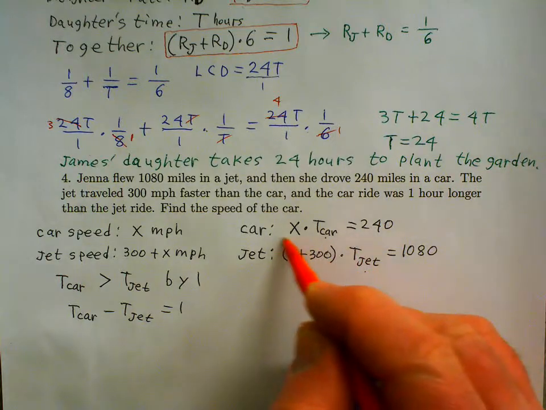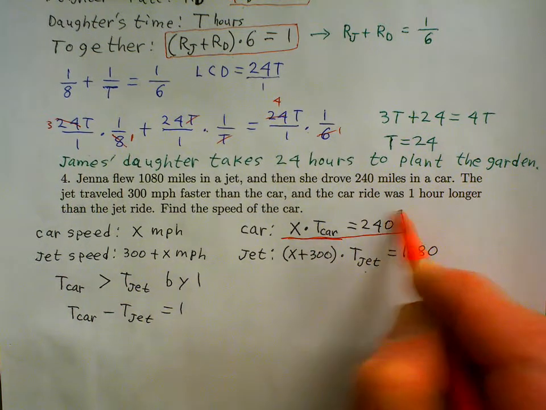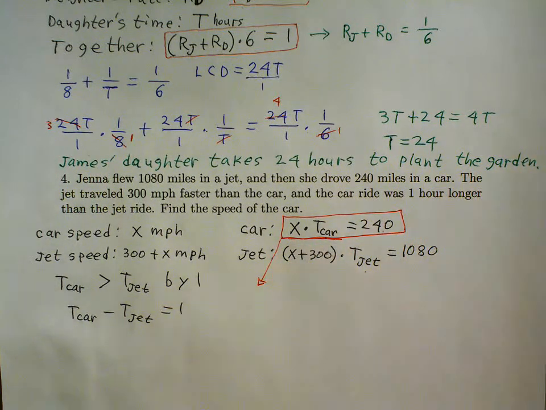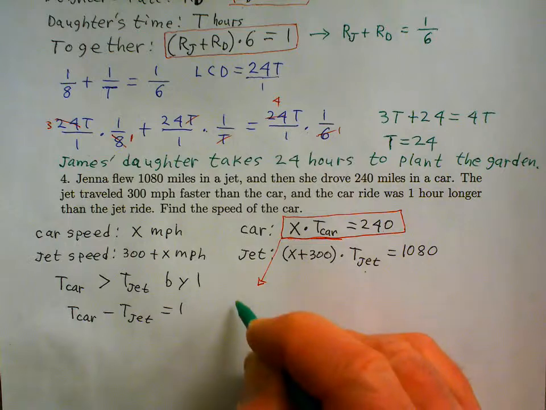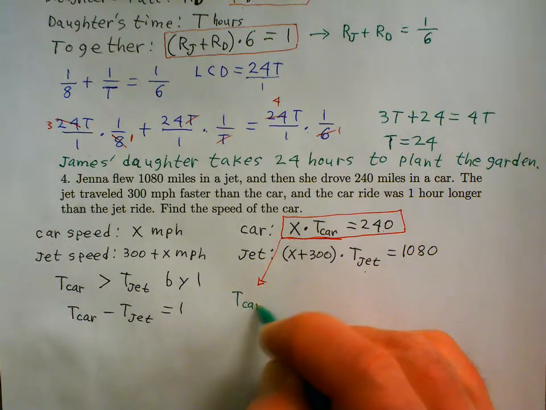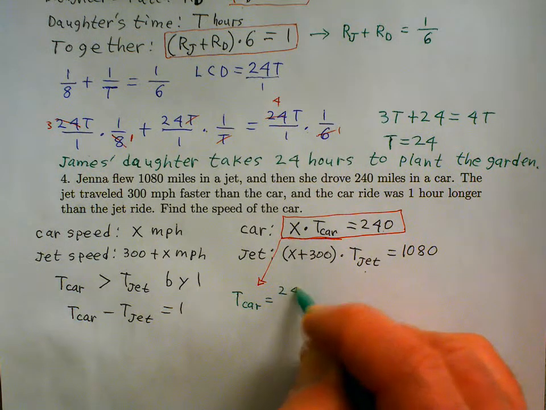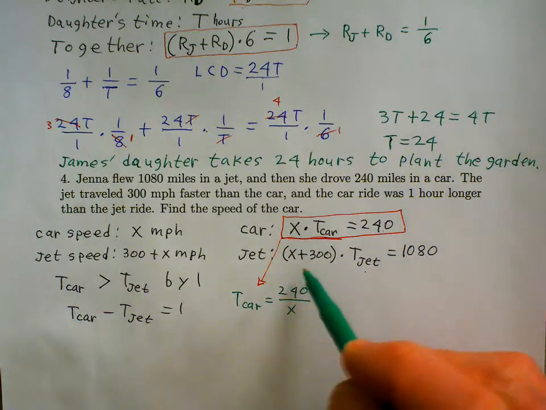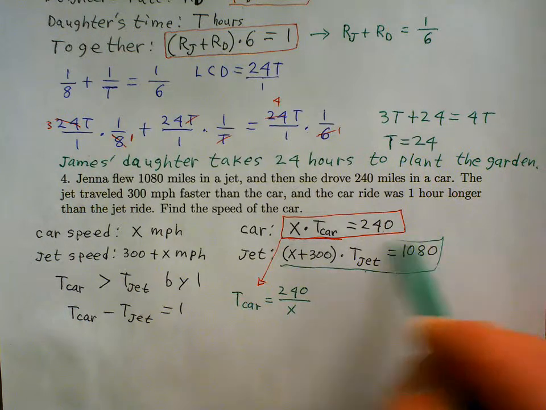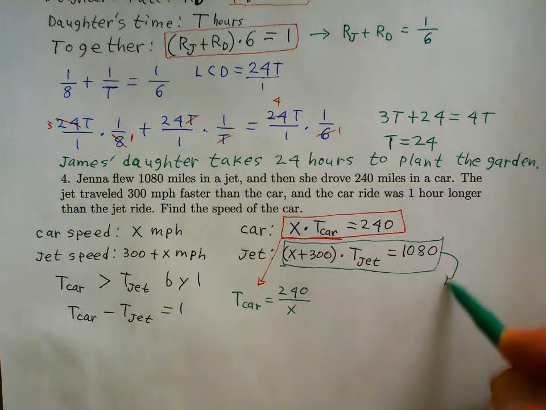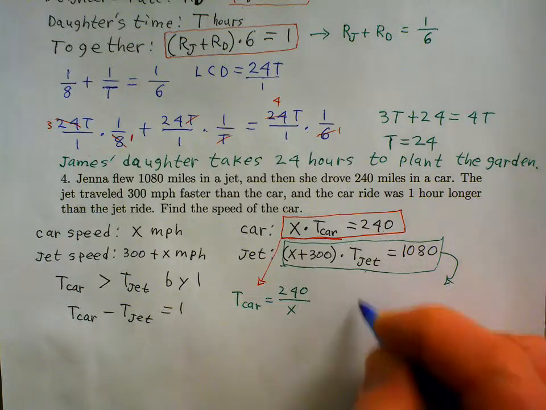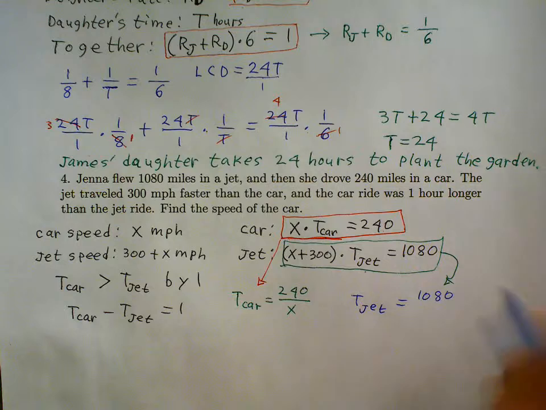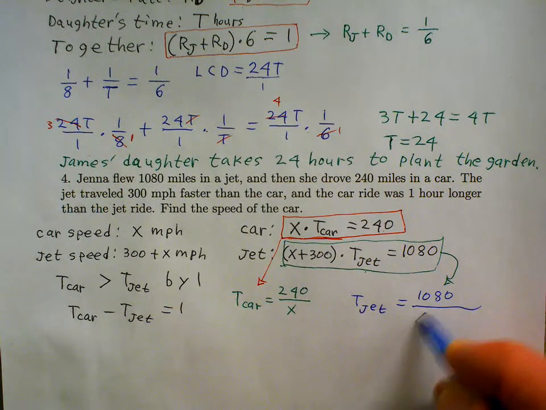And then we're going to solve this equation up here for t sub car. If we divide both sides by x, we get t sub car equals 240 divided by x. And we'll solve the second equation for t sub jet. So t sub jet is 1080 divided by x plus 300.